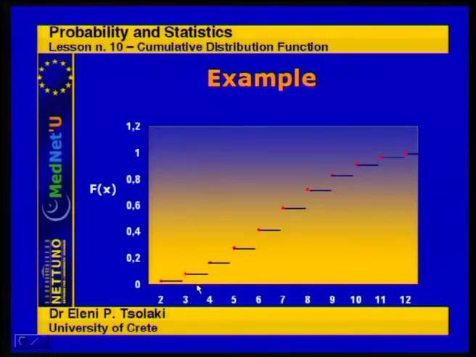Now, we see some of the properties of the cumulative distribution function. As we said before, the cumulative distribution function is right continuous.